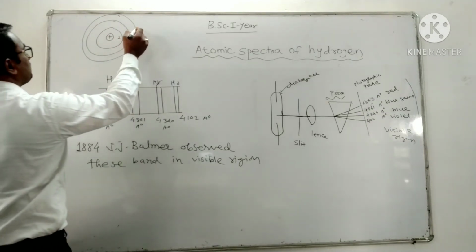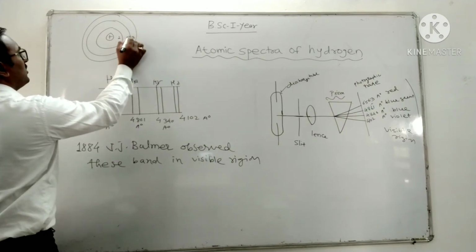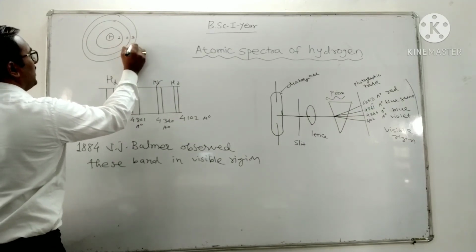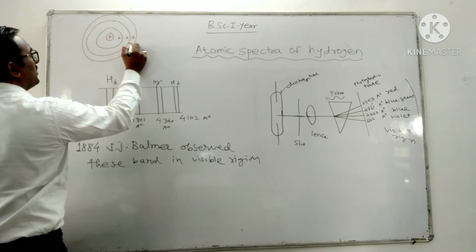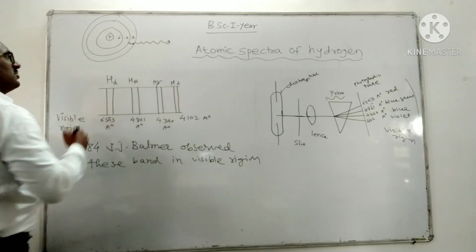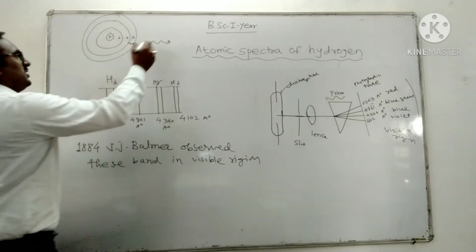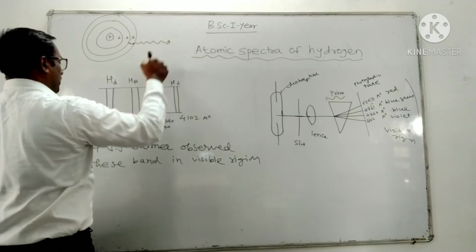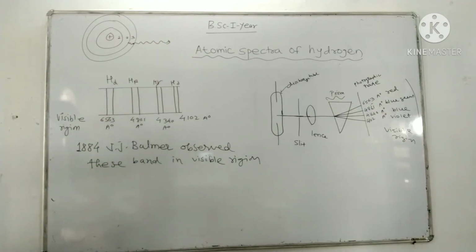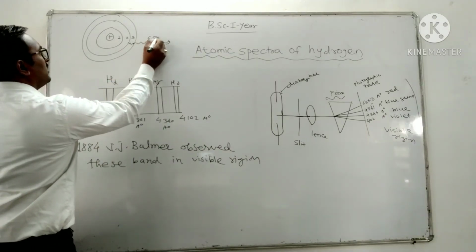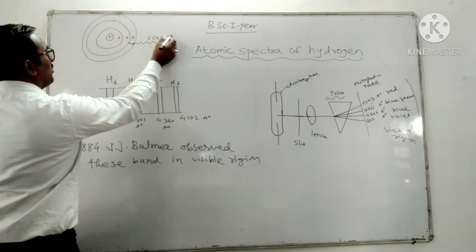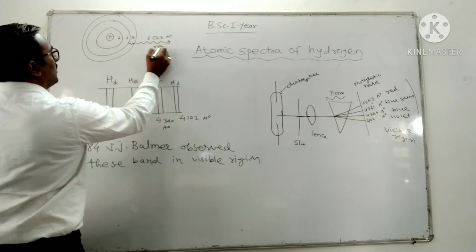So what happens? Whenever an electron de-excites from the third shell to the second shell, during that de-excitation process a photon is given out, which corresponds to the wavelength 6563 Angstrom unit, giving a red light.